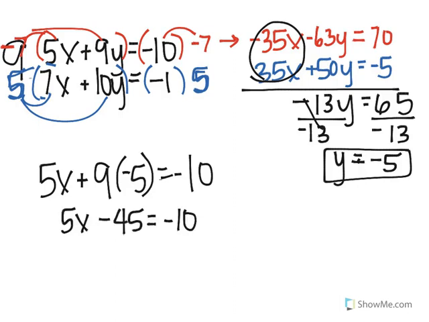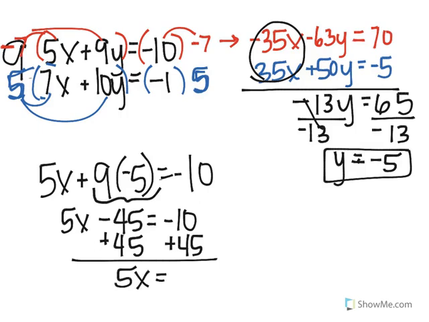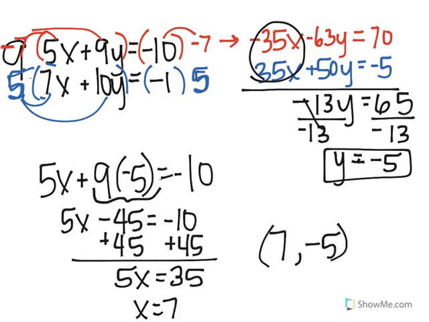So when I combine -45 and 10, I get 35, and I'd add 45 to both sides. 5x is 35. I divide both sides by 5, and I get x equals 7. So the solution to this system is (7, -5).